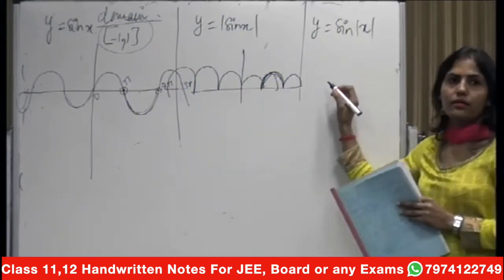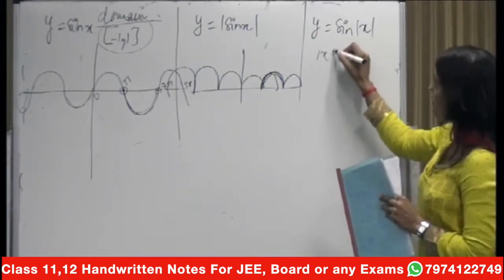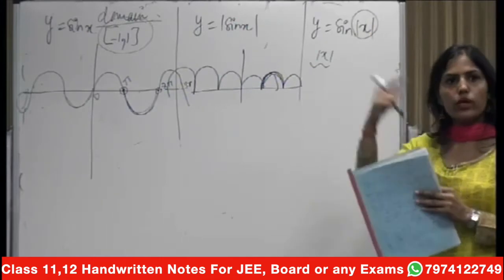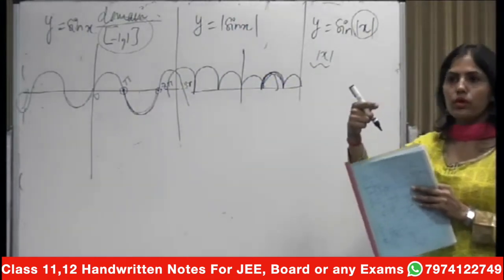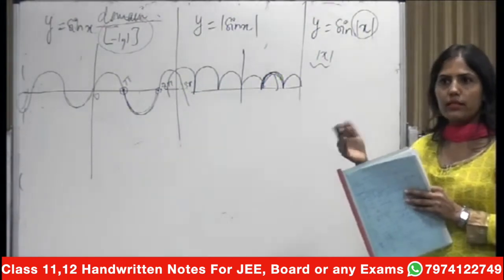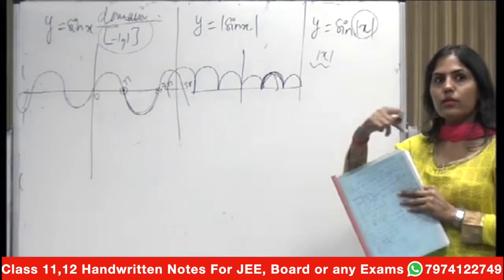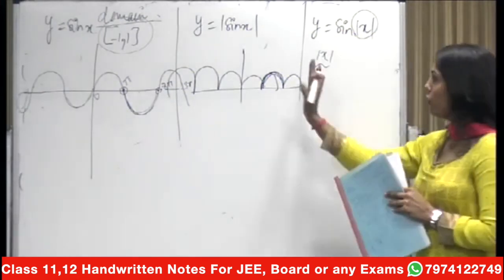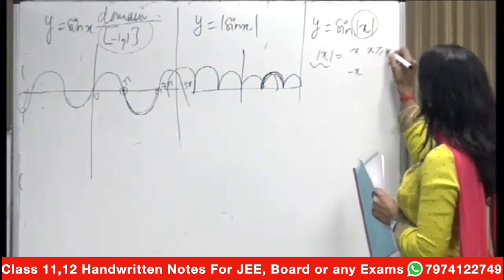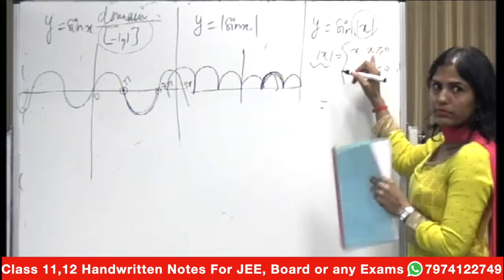Okay, why? Because here the mod is only on the angle now. It means if you take a negative angle, that will become positive. So for negative angles, the value will be for the negative. So mod x is basically x. I am dividing into two cases.